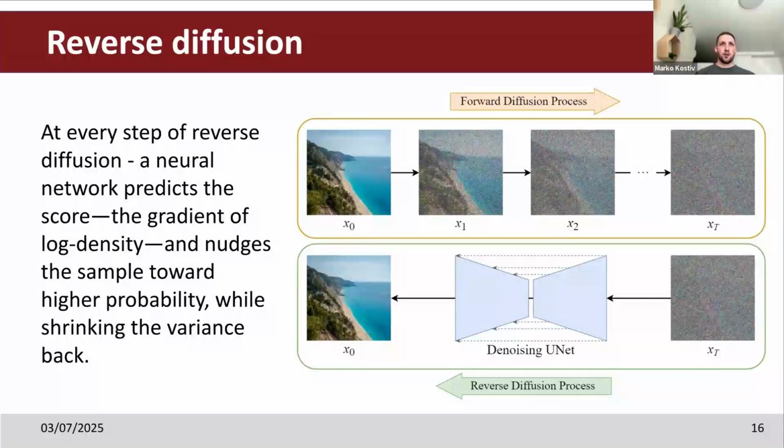Now, the reverse diffusion process is basically a neural network, but it predicts the score, the gradient of the log density. I will explain what this means. It's not just sampling toward higher probability and shrinking the variance back. So what does this intuitively mean? You all know what gradient descent is, right?